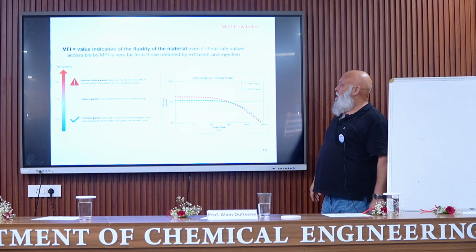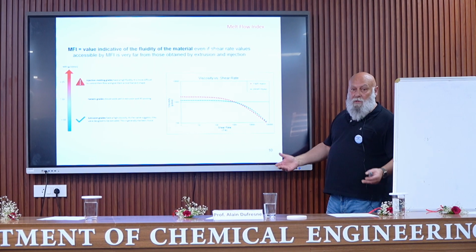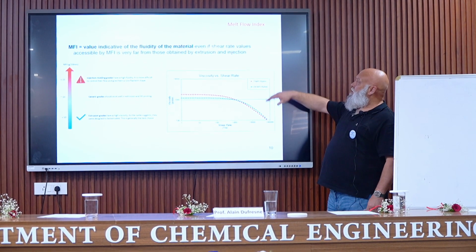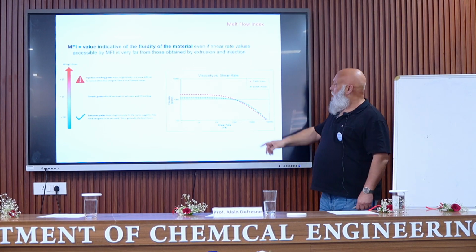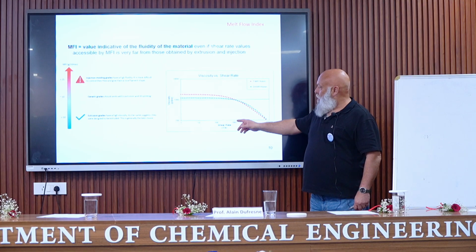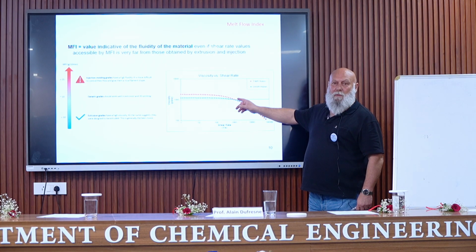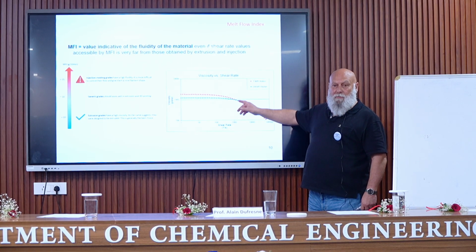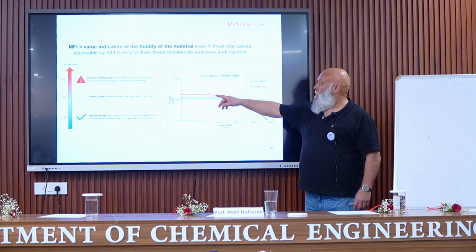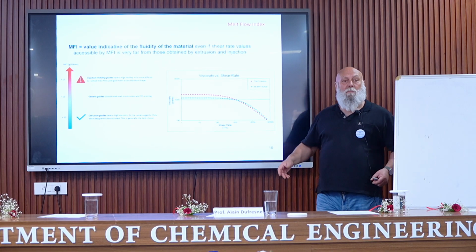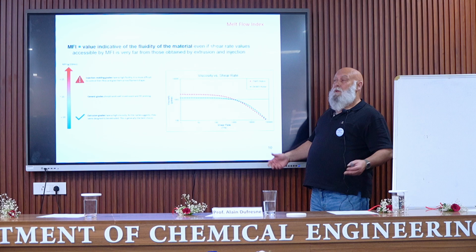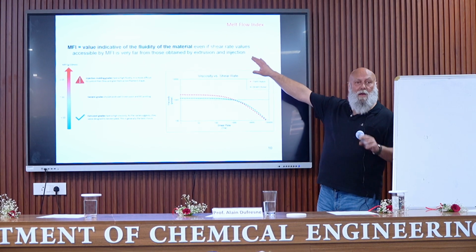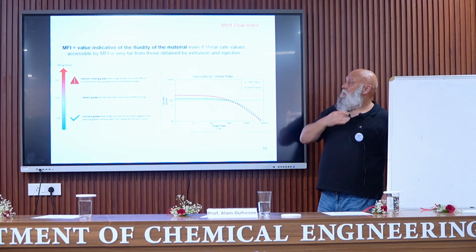Imagine that the condition corresponding to the melt flow index measurement corresponds to this shear rate. It means that we have the same melt flow index for the two polymers, but you can see that the rheological behavior is different. So, you have to be careful with this parameter. It's just an indication of the fluidity of the material.